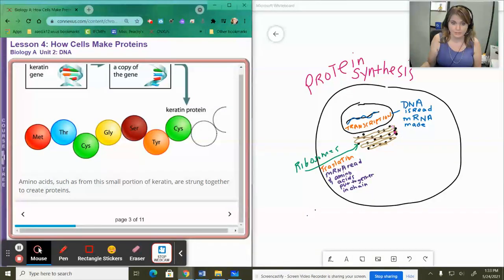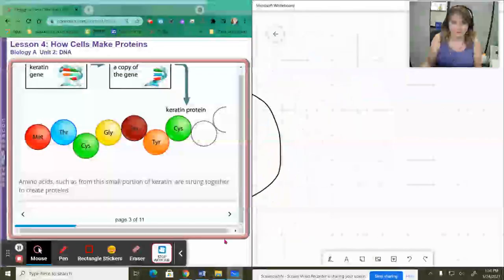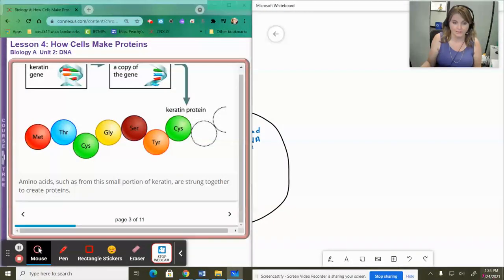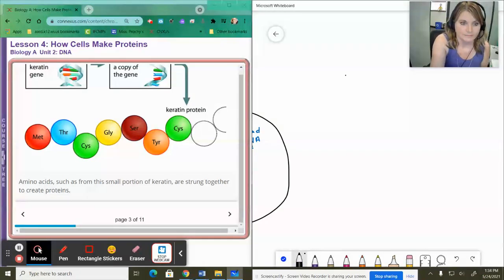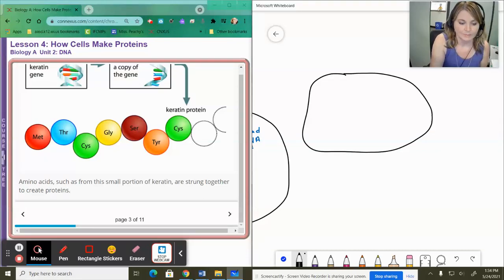Okay, so let's look at transcription. This is happening inside of the nucleus. So here we are inside of our nucleus. What happens here is the DNA is unzipped into two separate pieces. Remember, DNA is a double helix, so it's unzipped first, and it's got two sides to it.